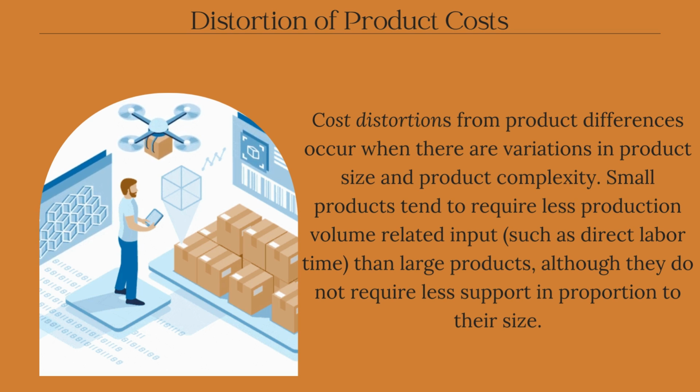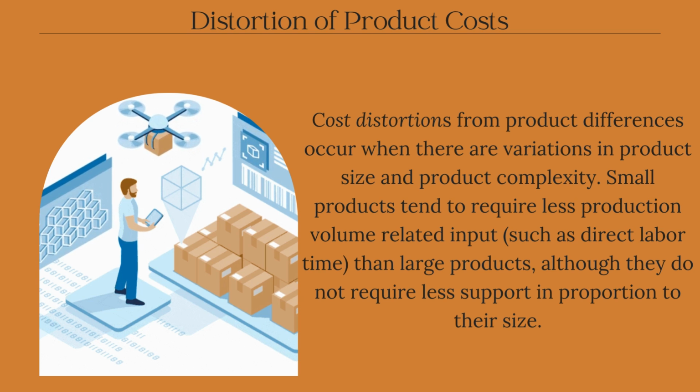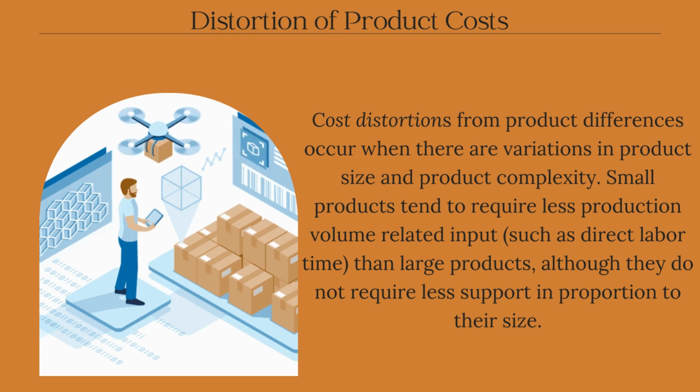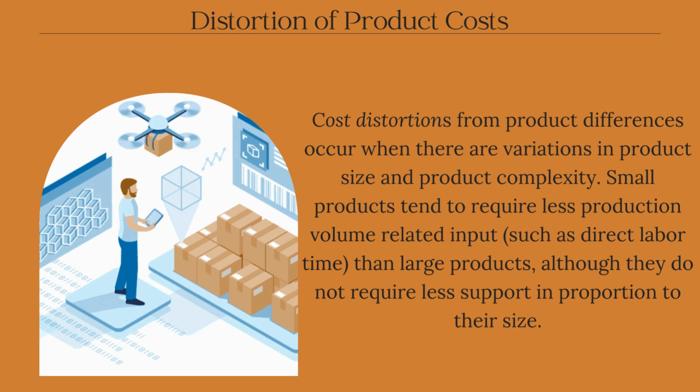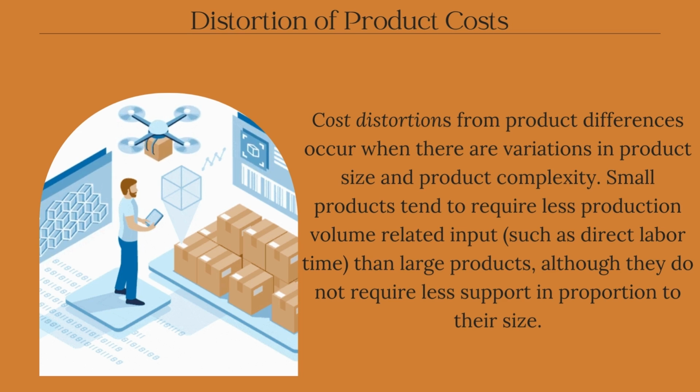Cost distortion from product differences occurs when there are variations in product size and product complexity. Small products tend to require less production volume related inputs such as direct labor time than large products, although they do not require less support in proportion to their size.